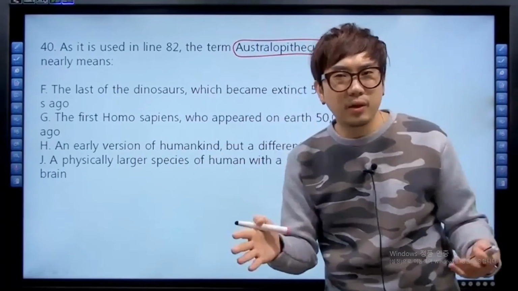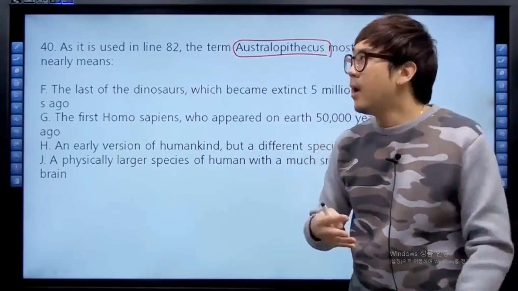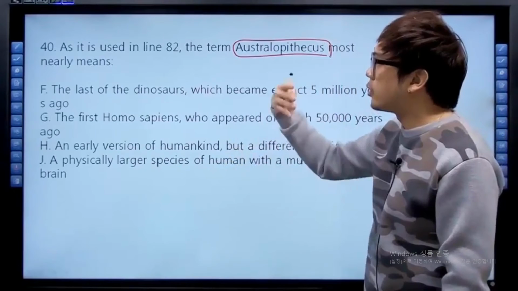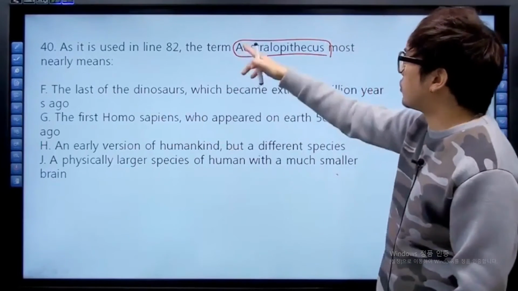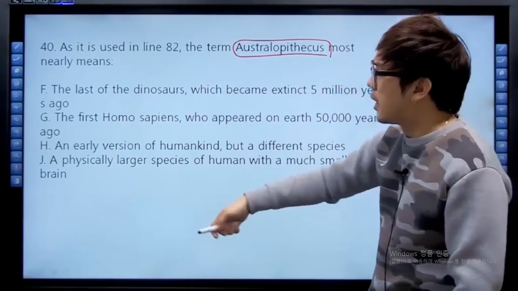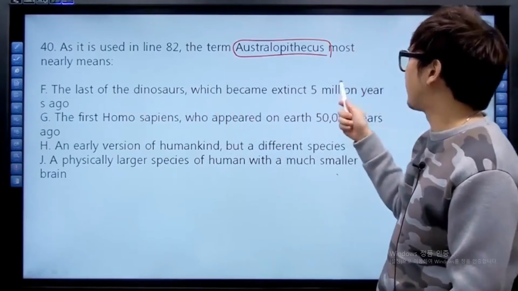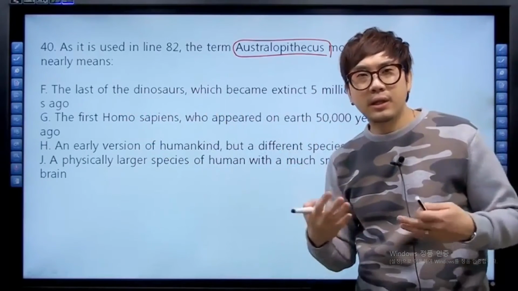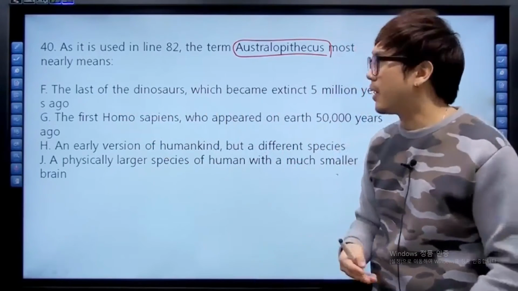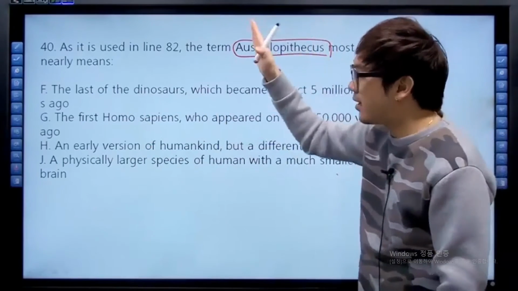Of course, it has nothing to do with how human beings evolved, but we're talking about how long the dinosaurs were here, as compared to the Australopithecus, right? So the term Australopithecus most nearly means the last of dinosaurs, which became extinct 5 million years ago. No. If you've taken anthropology, or at least social sciences, you know that Australopithecus is not the last of dinosaurs.